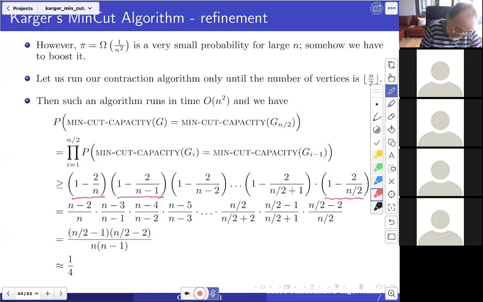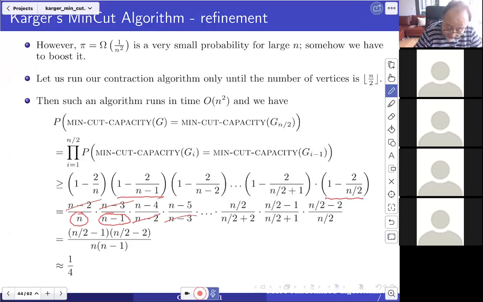Now you do the same trick. Everything cancels out except, so this will cancel out with this, and so forth. So you are left with n times n minus 1, just as before. But now, instead of going to 1 times 2, you stop. So this will cancel this, and then this will cancel that.